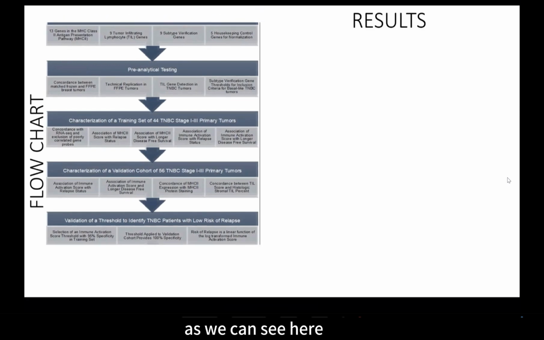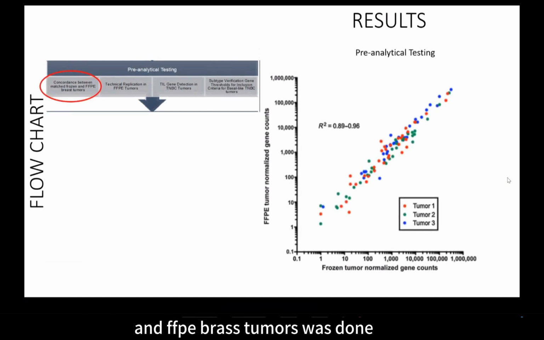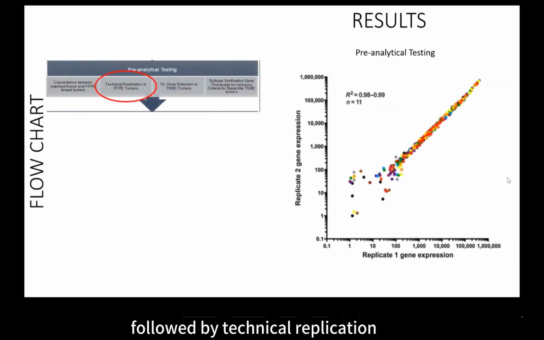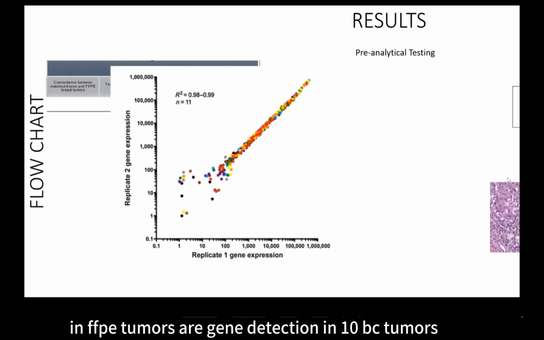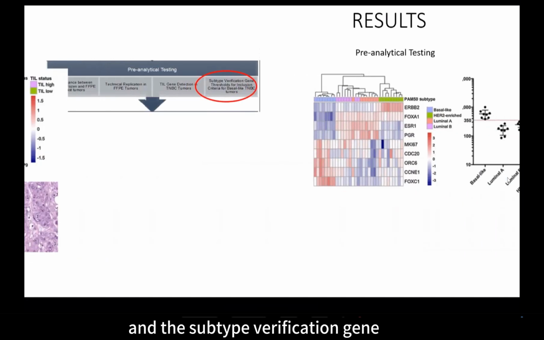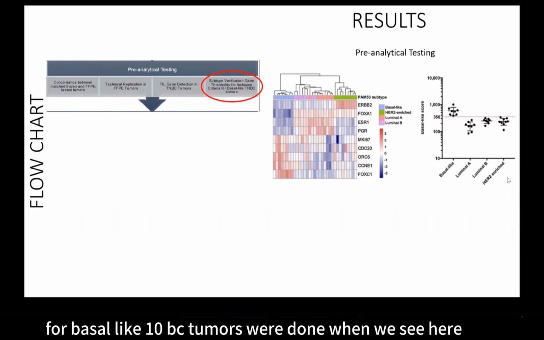As we can see here, pre-analytical testing, concordance between matched frozen and FFPE breast tumors, was done, followed by technical replication in FFPE tumors, TIL gene detection in TNBC tumors, and the subtype verification gene threshold for inclusion criteria for basal-like TNBC tumors.